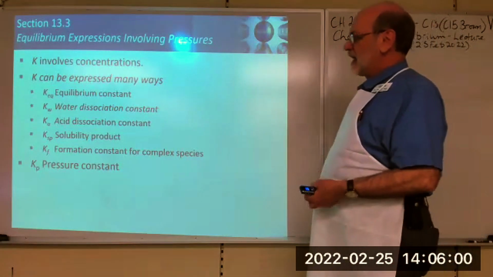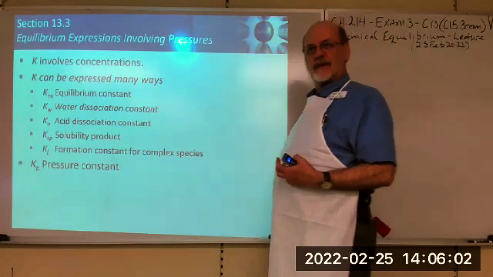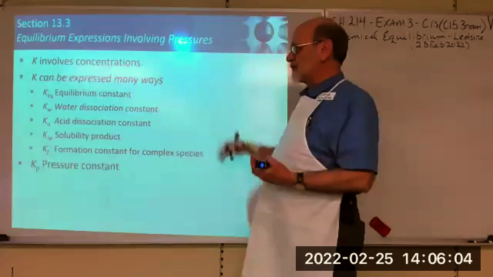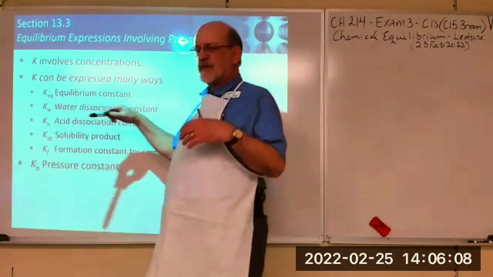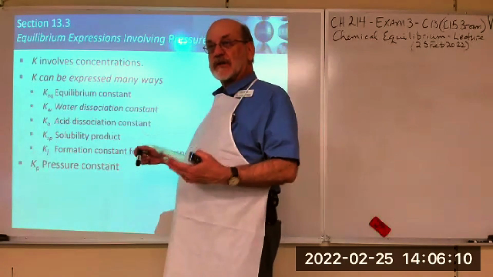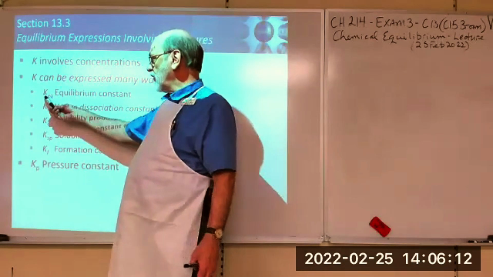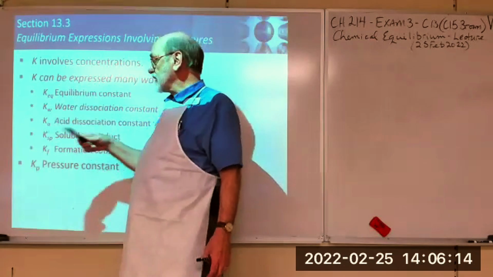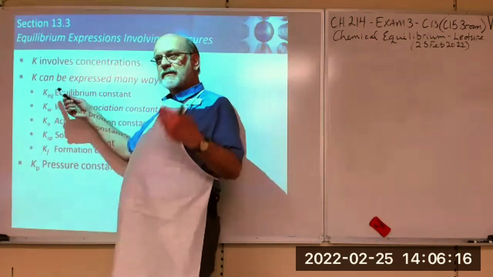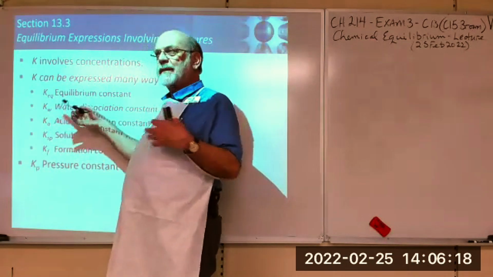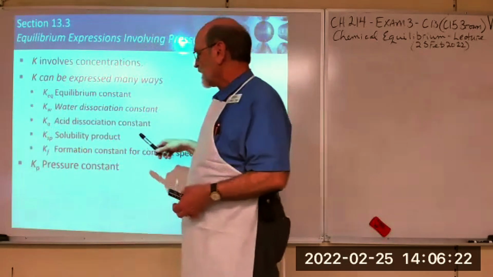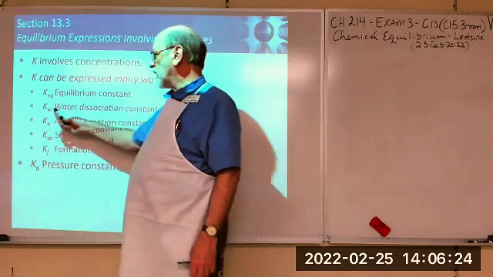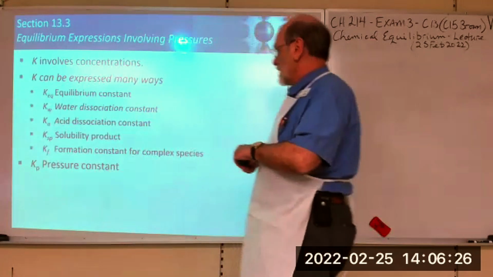Now, the Ks can have little subscripts, and these are examples of some. If it's just a K, we generally say it's the equilibrium constant. But sometimes we'll also write EQ in there, especially if we've got it in the same discussion with other types of Ks. We'll specify this one's the equilibrium constant. There's a special one for the water dissociation constant.